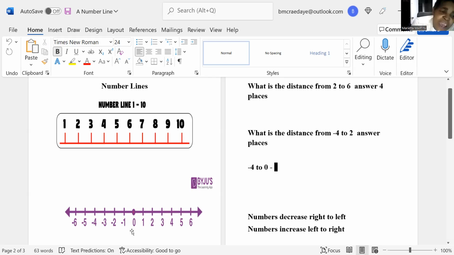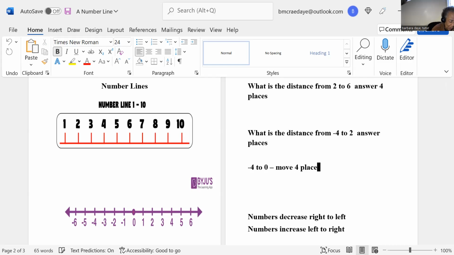It's 4 places. Let me see. Just count them. 1, 2, 3, 4. Yeah, 4 places. So from -4 to 0, you move 4 places.